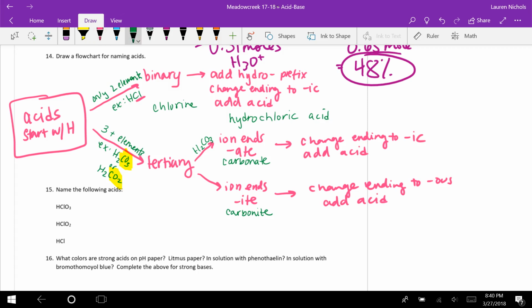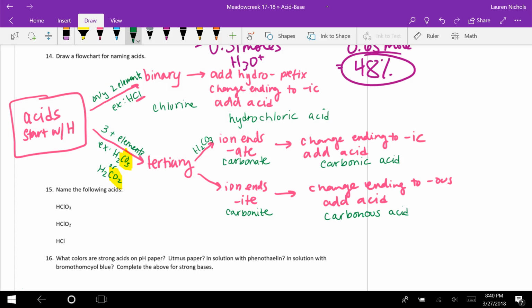And so the way that looks, carbonate, you change the ate to ic, so it becomes carbonic acid. And carbonite, you change ite to ous, so it becomes carbonous acid, which sounds silly, and it is, so it's okay to laugh.